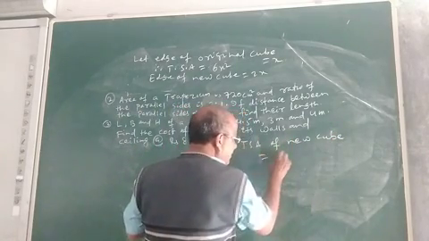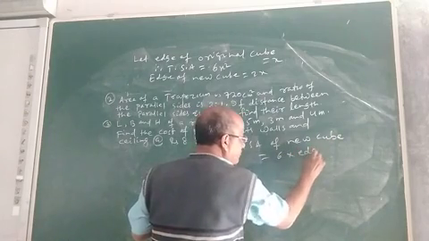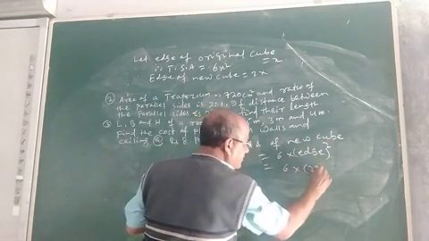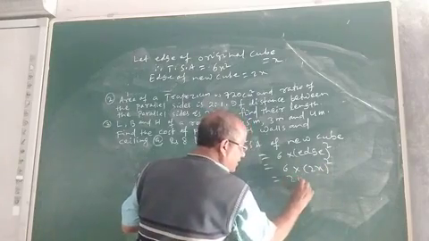The same formula, 6 into edge square. Now in place of edge, we will put 2x whole square. So it will be 24x square.